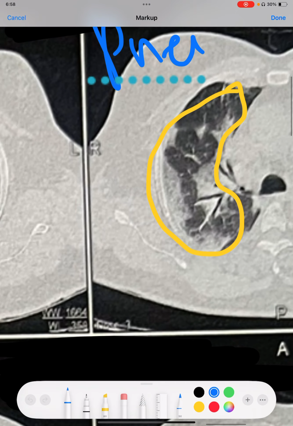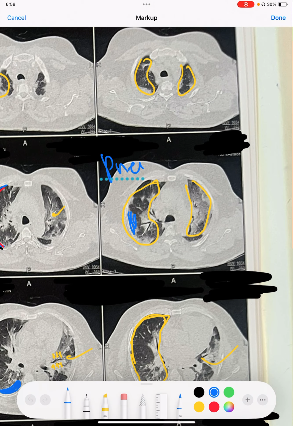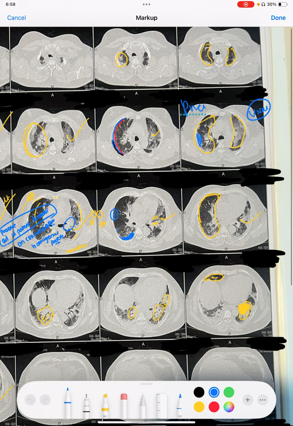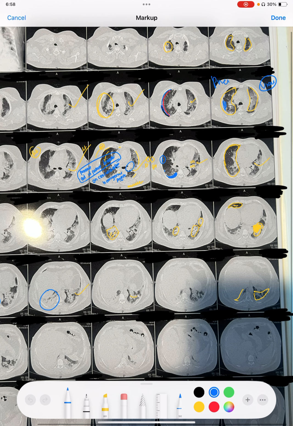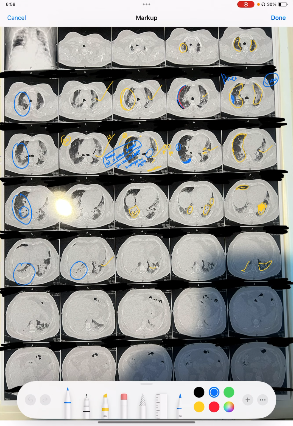Here also we have a subpleural consolidation, which is very highly suggestive of viral pneumonia. In fact, such subpleural patches, multiple of them, almost involving all the lobes, are highly suggestive of COVID-19, coronavirus 19. And the second most important pathology is swine flu, H1N1 or its other strains. So this patient was H1N1 positive.